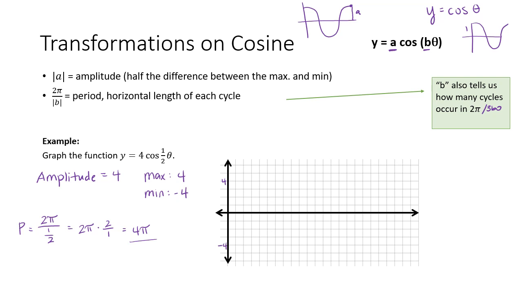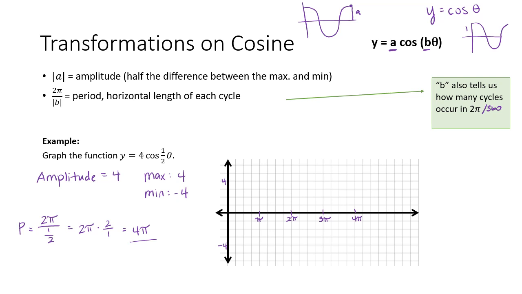I might spread out my whole cycle a little bit, so maybe I'll still count by 4 for every pi. So 1, 2, 3, 4. Here's pi. 1, 2, 3, 4. Here's 2 pi. So that's only half of my cycle now. Here's 3 pi. And here will be the marking for my full cycle.